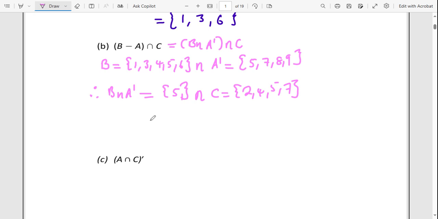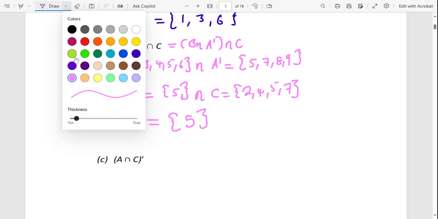So anyone, what is the intersection of these two sets? 5. Excellent. All right, very good. So that is our answer.